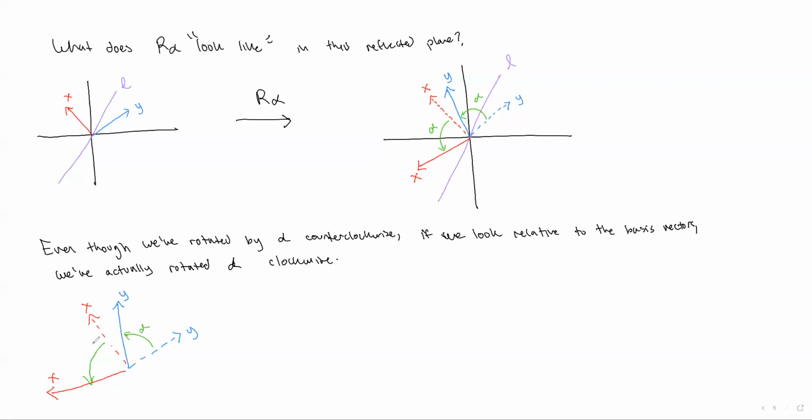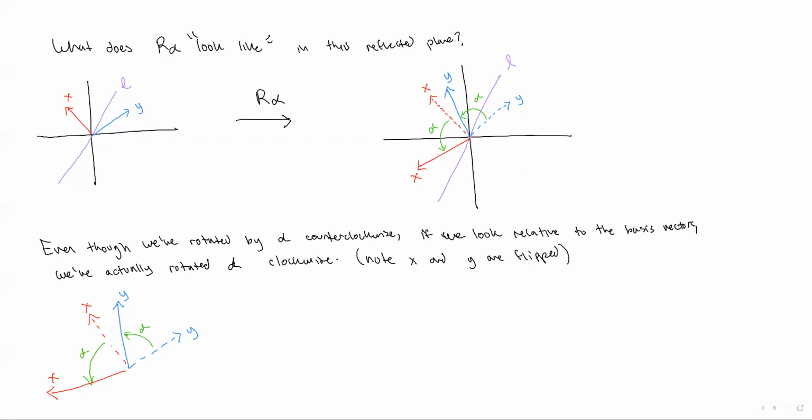and sure, the actual transformation I did was R alpha. But if you actually look relative to the basis vectors, what you've really done is R negative alpha, because the basis vectors are rearranged, right? X is in the wrong location. But if you put X in the right location, so maybe I'll write that too. Note X and Y are flipped.